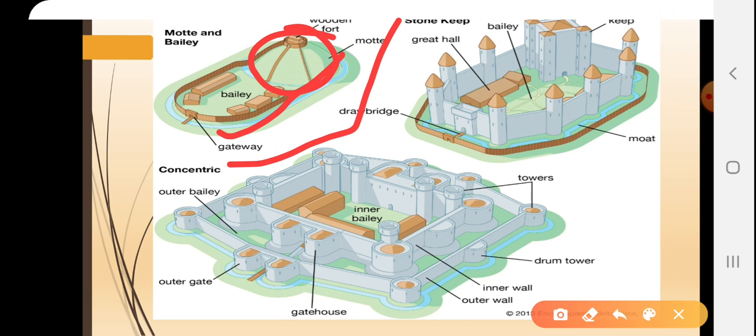And of course, on the artificial hill, a tower was built. So people had a vantage point. They saw the enemy coming, and this moat was filled up with water, and there was of course a gate and a bridge. It was easy to defend this way.